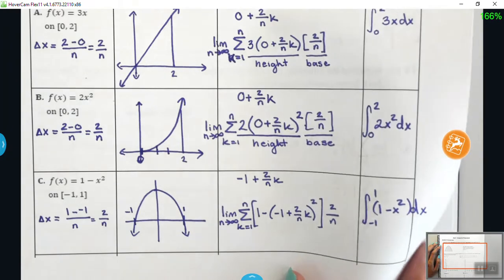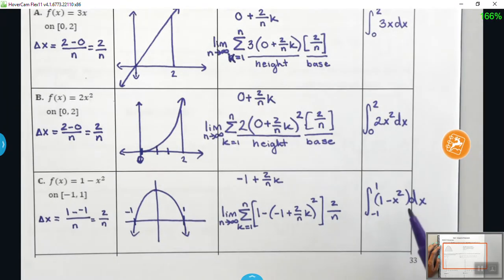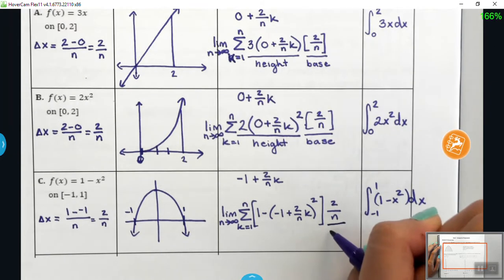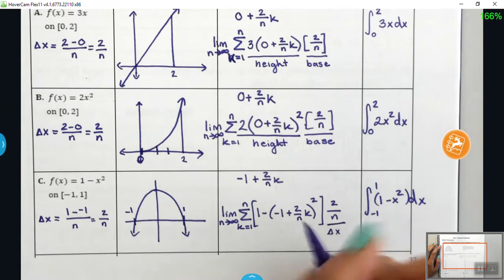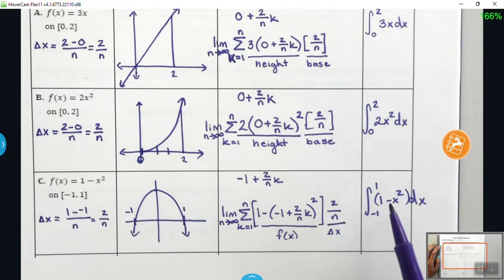So what does the dx mean, and will it always be used? The dx is the base. It's like delta x. This is delta x times your f of x, your function. So it's the same thing when you do the integral.